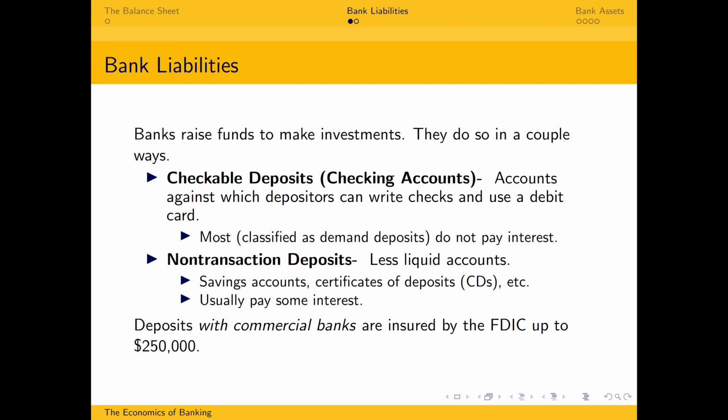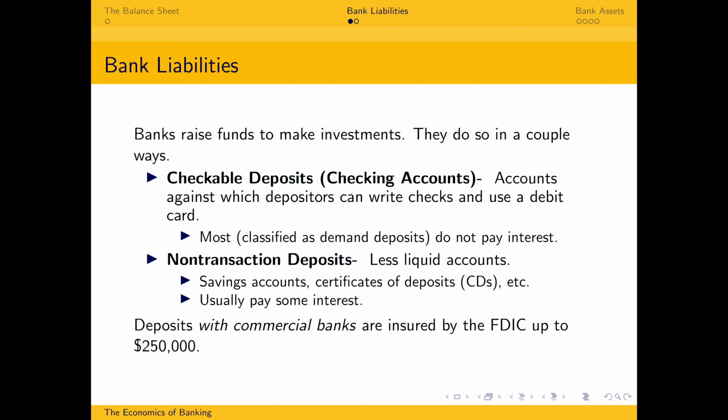You're lending them money and they pay you back for doing so, both through interest and through all the variety of services that banks provide, such as giving you a debit card. And so they're really actually the customer when we look at these methods of raising funds.